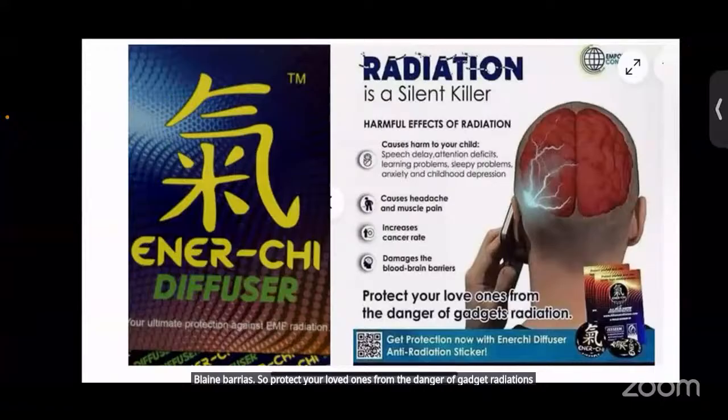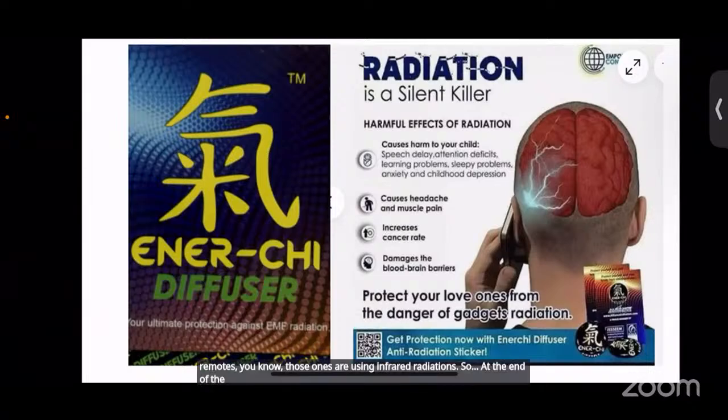All the phones that we have, all our computers, all the electronics that we have, most of them produce radiations. Even the television that you have at home produces radiation. The remotes use infrared radiations. So at the end of the day, these radiations have an effect on our body, just as you can see.